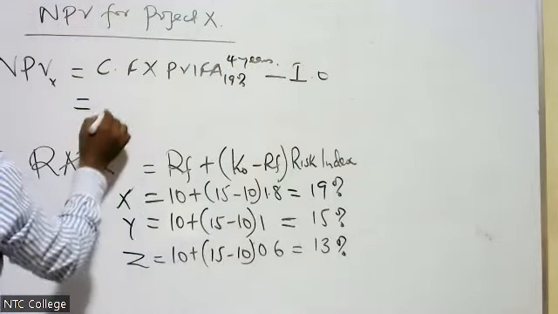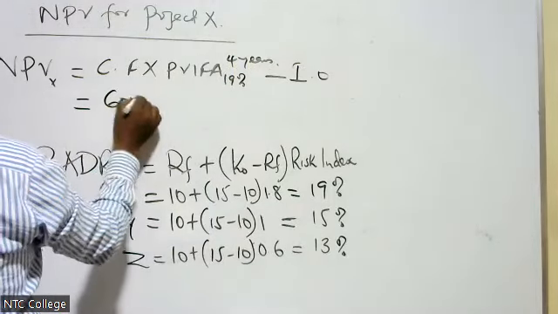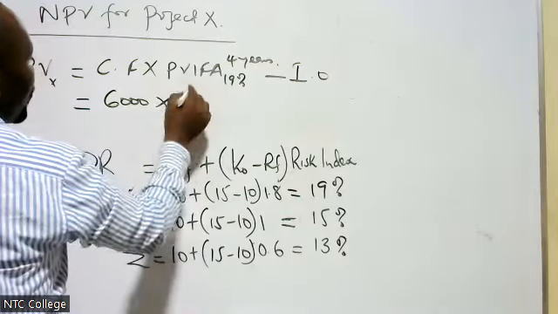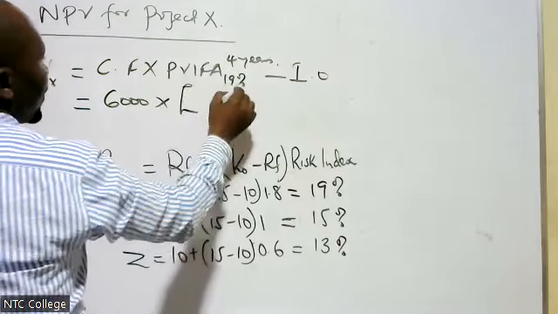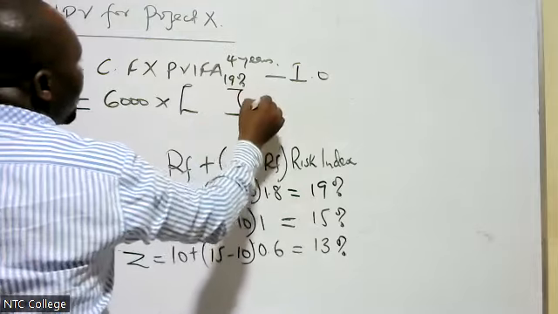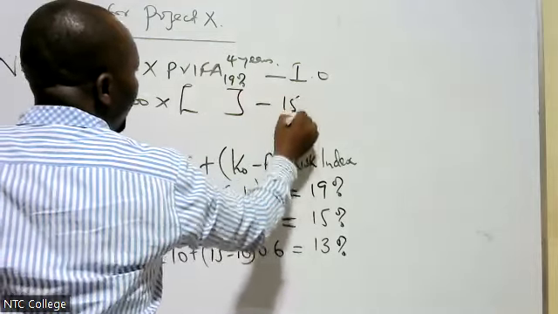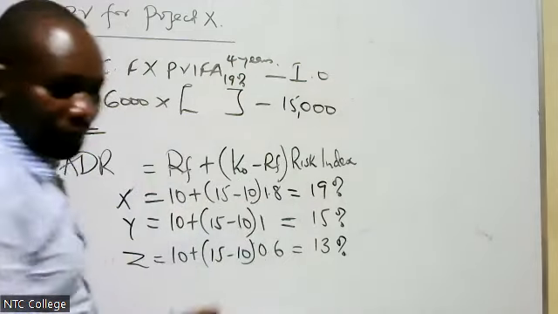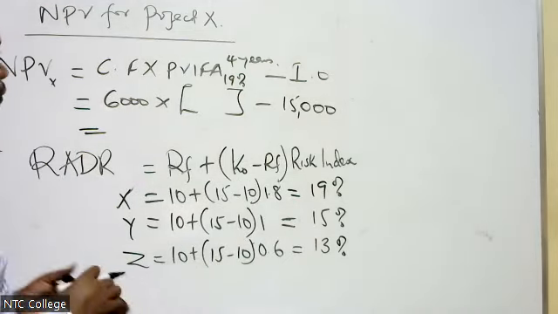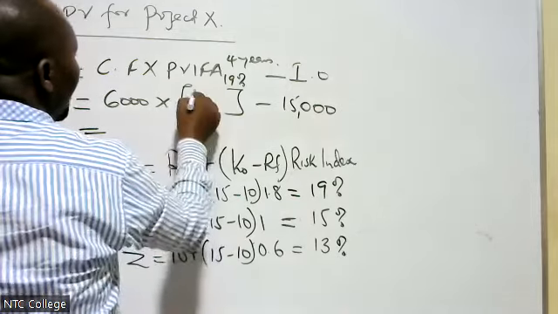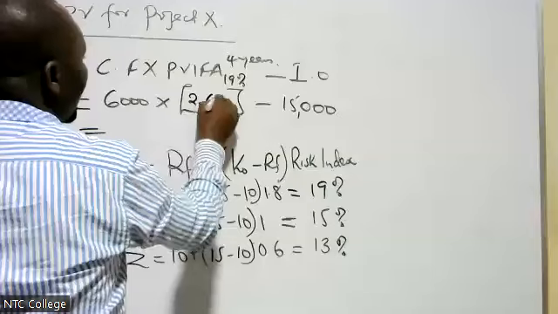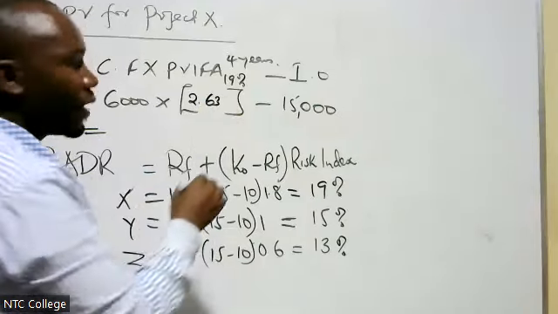So we are saying that the cash flow was 6,000, using the same cash flows. Now get me this. What is the PV factor here? The rate, minus 15,000 which was the IO. What is the rate here? You've given me 2.6389.